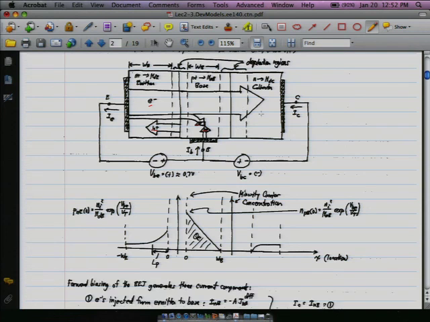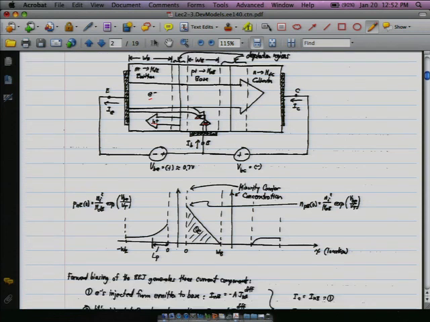And then this second figure basically is showing the concentration of the minority carriers. So basically in the base region, which is p-doped, the minority carriers are the electrons, which is actually what this says here.